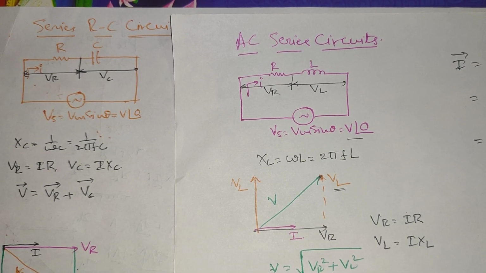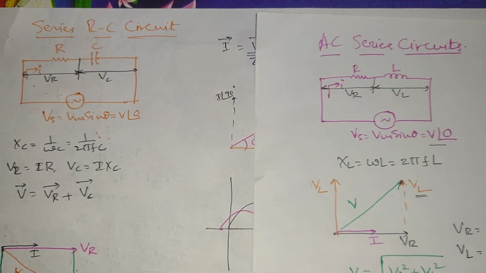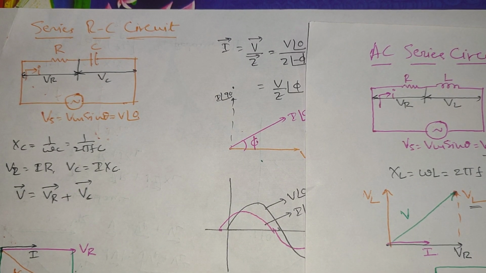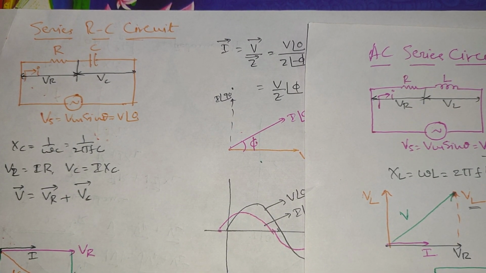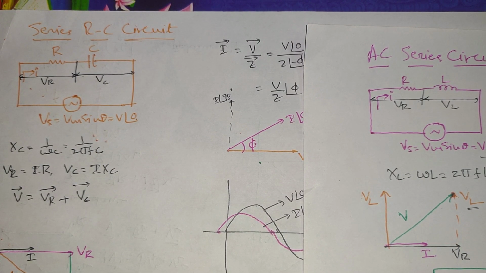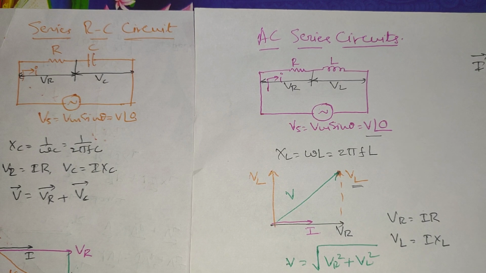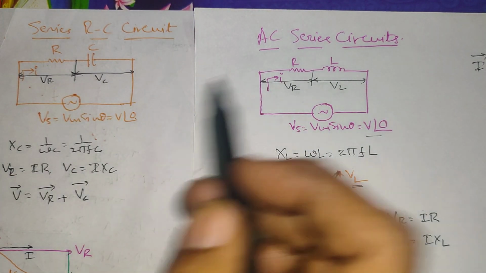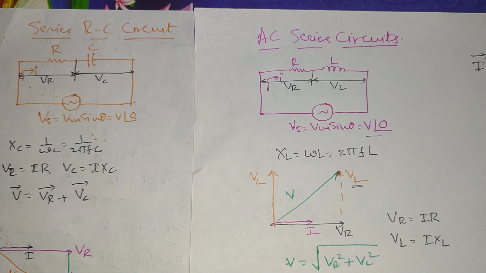Next, let me explain the series combination of resistance and capacitance. Here, I would like to compare the two series circuits, that is the series RL circuit and RC circuit, so that one can remember it in an easy way.